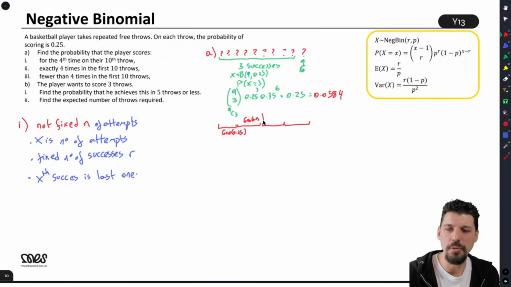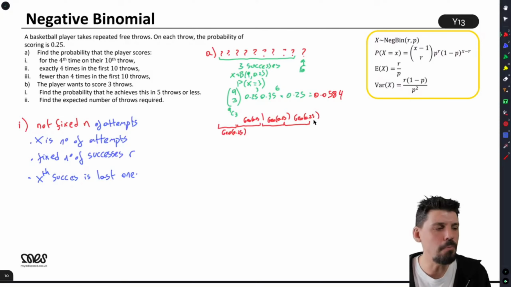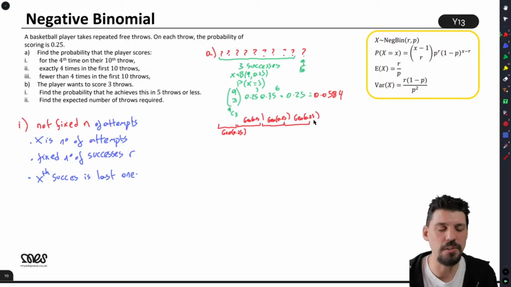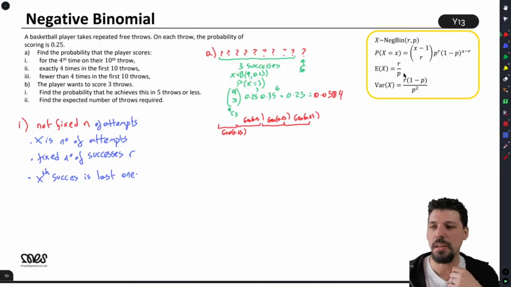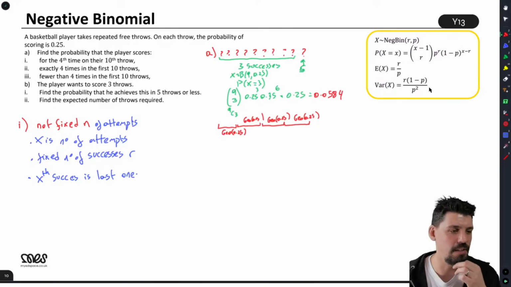The number of throws, attempts between each success is just geometric, right? Let's just go to the first throw. That's a geometric. We count how many attempts. Then we do another geometric to get to my second success, another geometric to get to my third success, another geometric to get to my fourth success. Well, in which case, the total expected value, if you want 4 successes, is 4 times the expected value for a geometric. And for variance, it's 4 times all the variances.